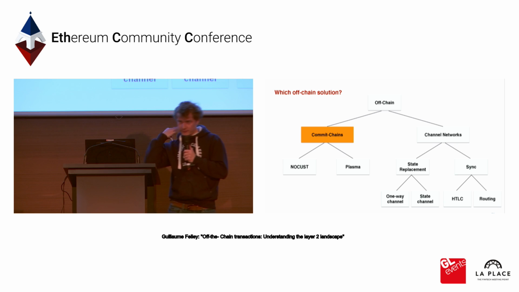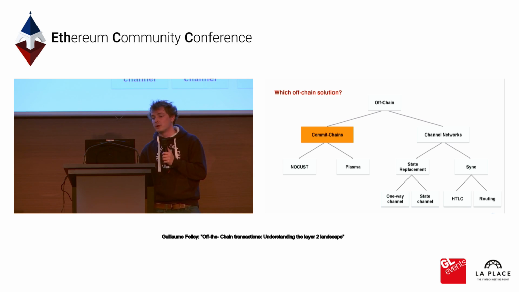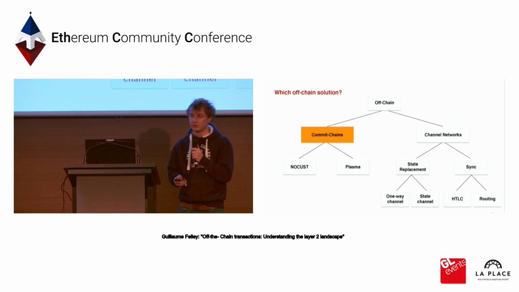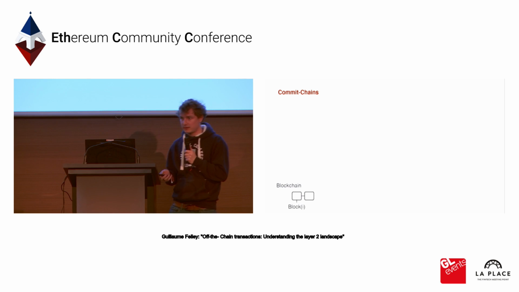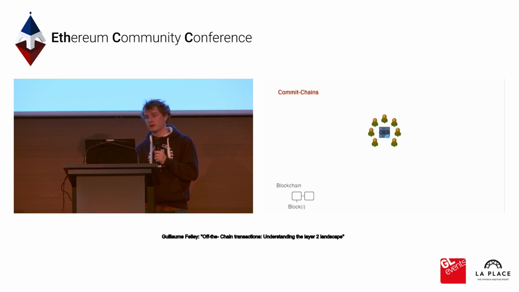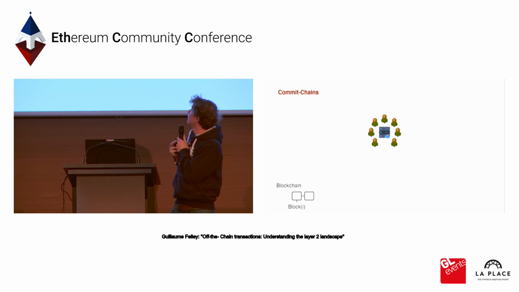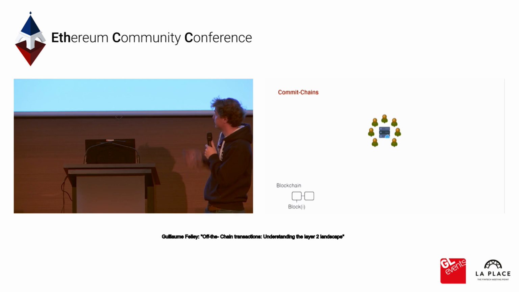All right, so on the other side now, we have commit chains. The two most well-known commit chain constructions are Nocust and Plasma. The way a commit chain works, you have a server in the middle, which we call the operator, and you have these users around.